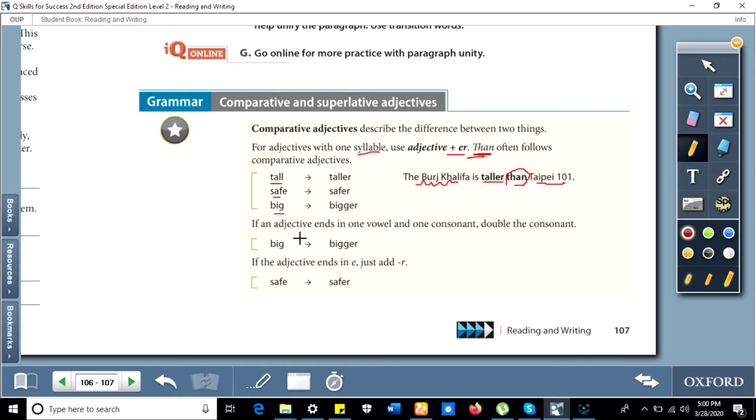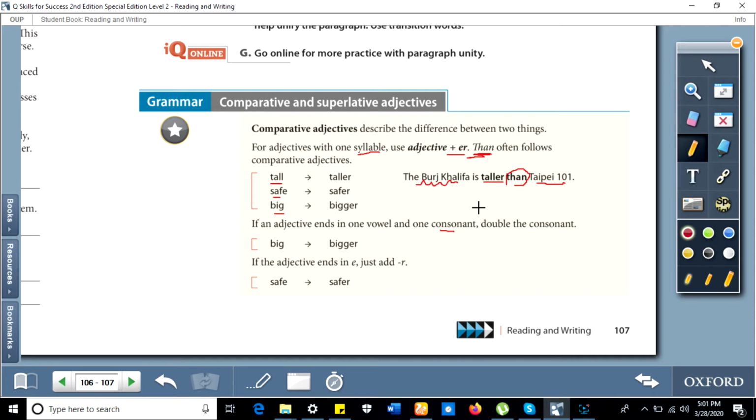The adjective ends in one vowel and one consonant. In this one, I is a vowel and G is a consonant, right? If it ends in a consonant like this, you have to double the consonant.